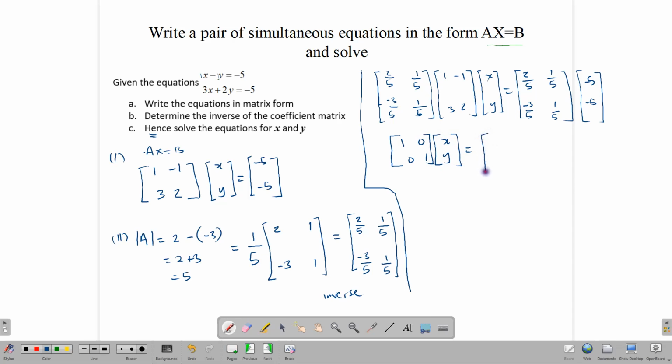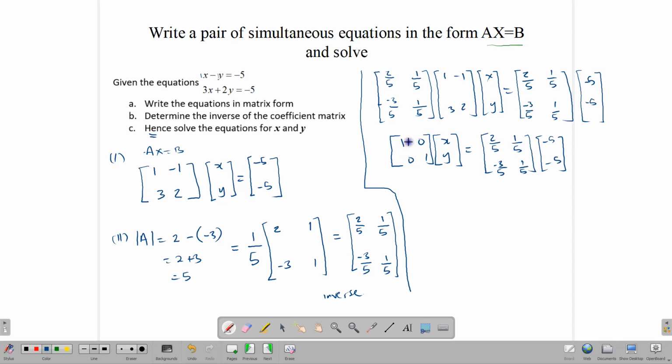So let's take another step. 2 over 5, 1 over 5, negative 3 over 5, and 1 over 5, multiplied by negative 5, negative 5. Also, remember that the identity matrix is the identity element under multiplication.